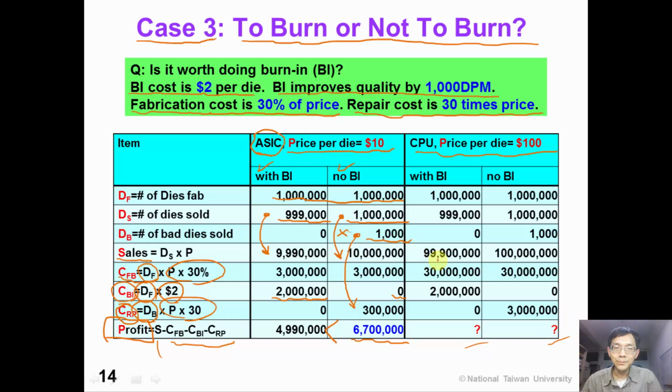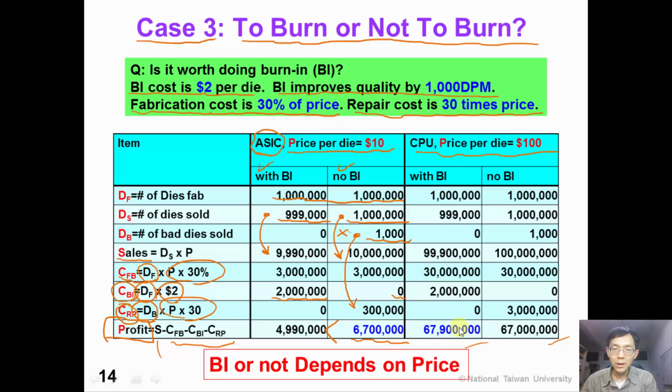Have you got it? At the bottom line, the total cost is equal to the total sales minus the summation of the cost. And the winner is burning.